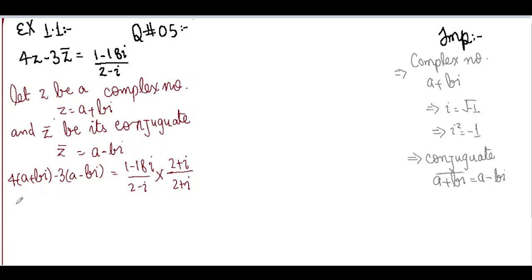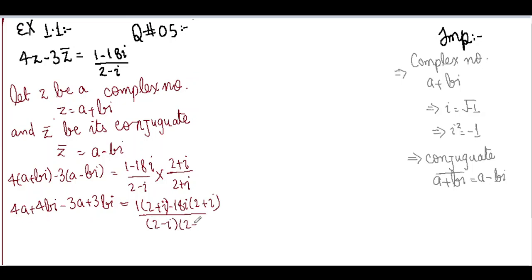Okay, now 4a plus 4b iota minus 3a plus 3b iota equals. Now multiplying these two complex numbers, 1 into 2 plus iota minus 18 iota into 2 plus iota whole divided by 2 minus iota into 2 plus iota.